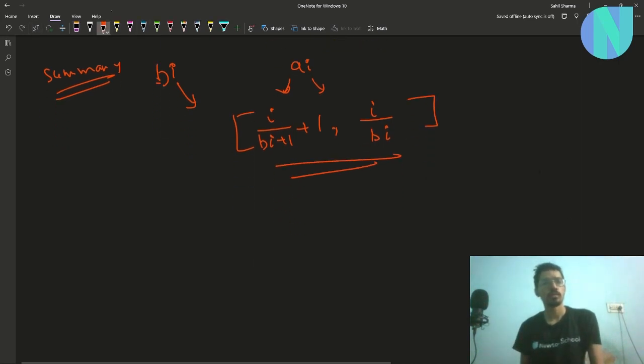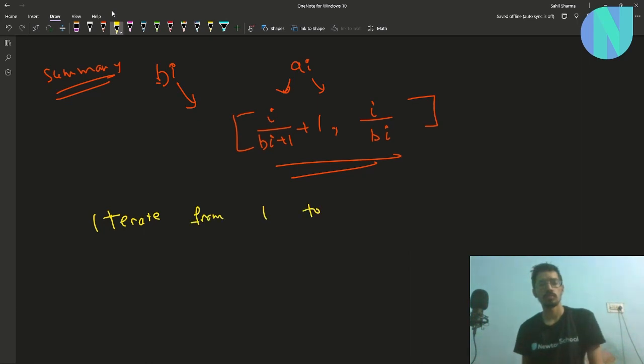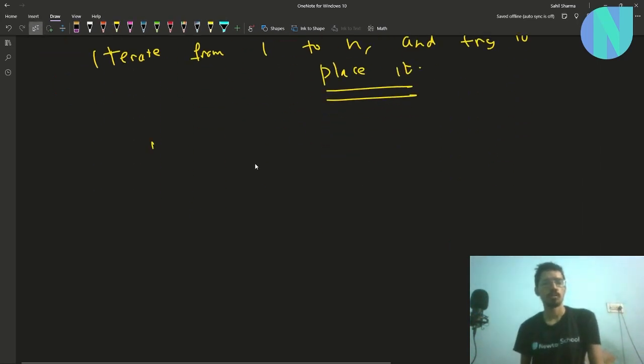Then try to place every number one by one, right? Iterate from 1 to n and try to place it. How can you place it? So if you have multiple segments, let's call this I. When we are iterating, I will call it I, right?